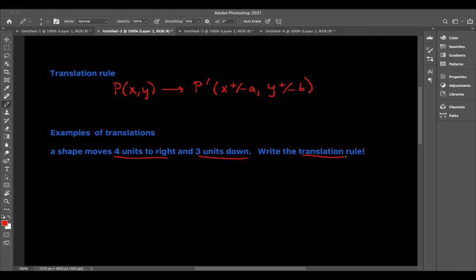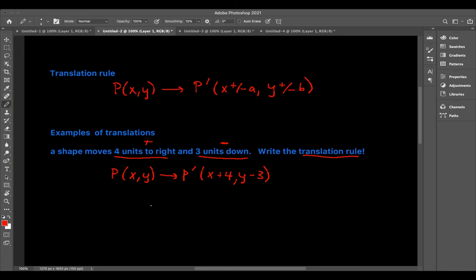Write the translation rule. Okay, 4 units to the right means it's positive. 3 units down means it's negative. So all we'd have to do is go P x y maps to P prime, x plus 4, y minus 3, like that. And that's how it would work. That would be the answer to that question.